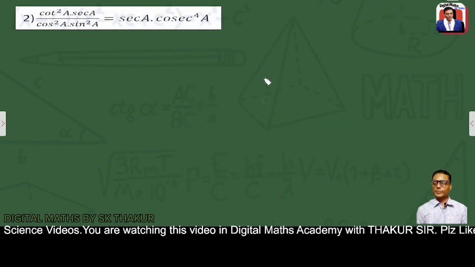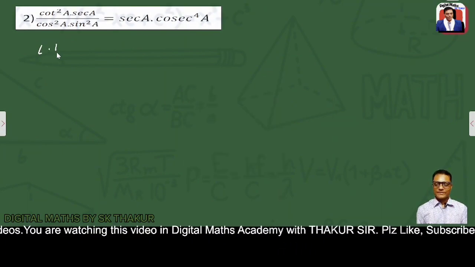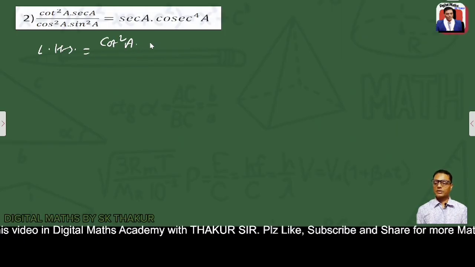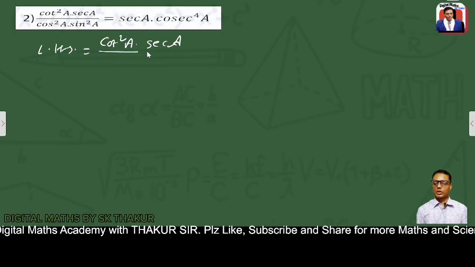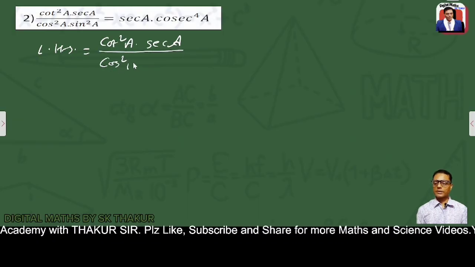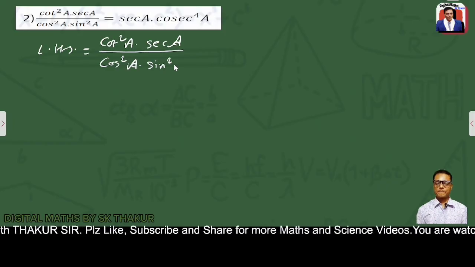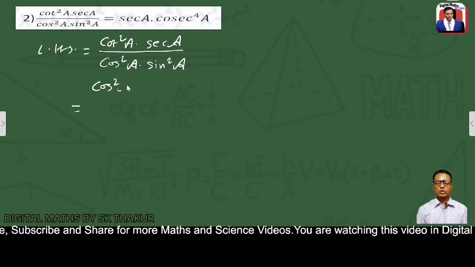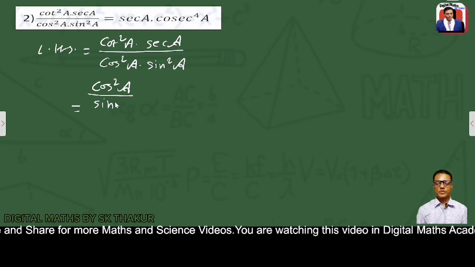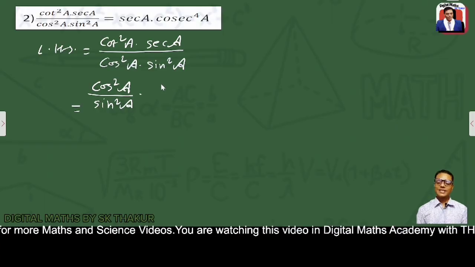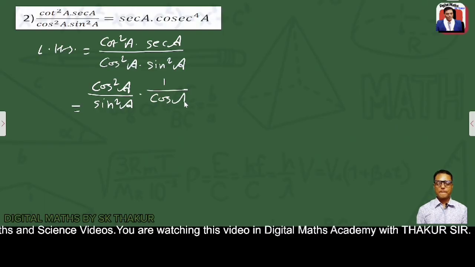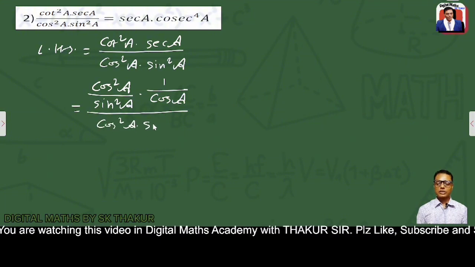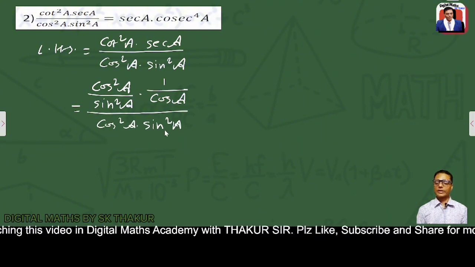Identity number 2. We are going to select the left hand side here also. So we have cot square A dot sec A over cos square A dot sin square A. We can write cot square A equals cos square A by sin square A, because this is a formula, and sec A equals 1 by cos A. At the denominator, cos square A and sin square A we can write as it is.